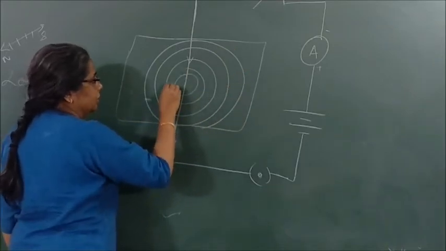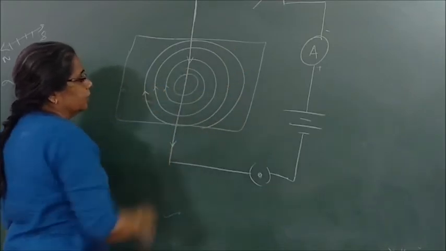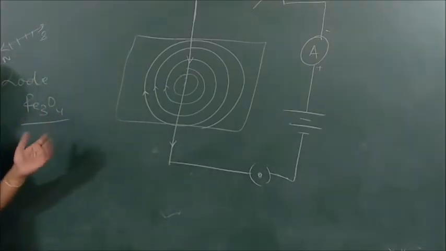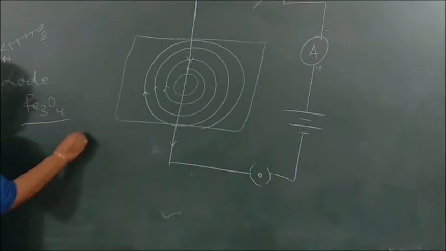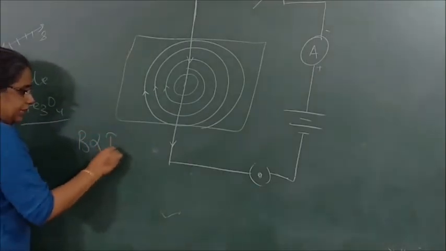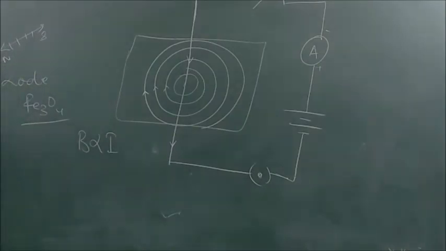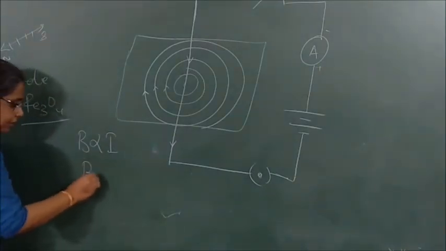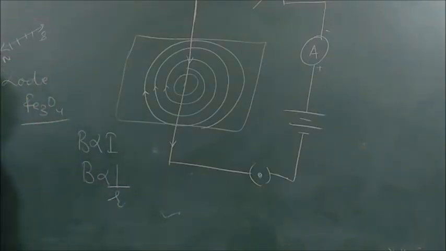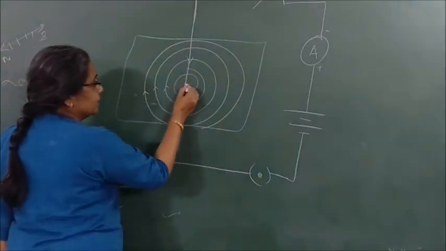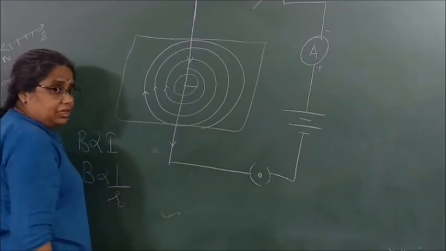Fine? Understood this? Clear? So this is right hand thumb rule done. Now what are the factors which affect the magnetic field? If I increase the current, the magnetic field increases. Second, bringing the magnetic compass closer to the current carrying conductor. If the radius is less, magnetic field is more.